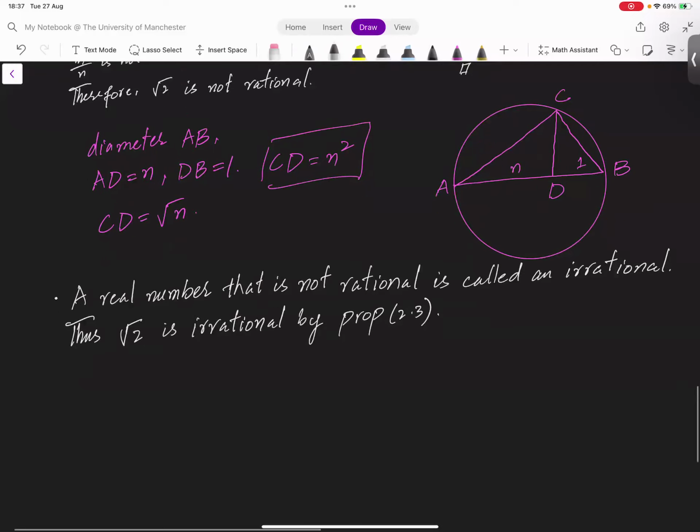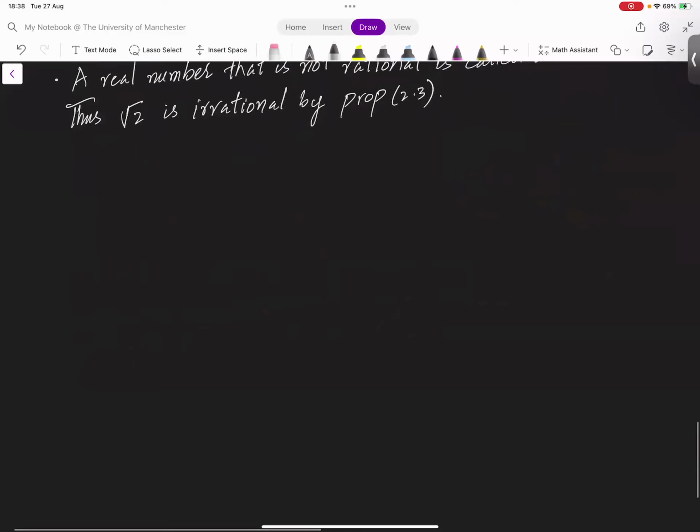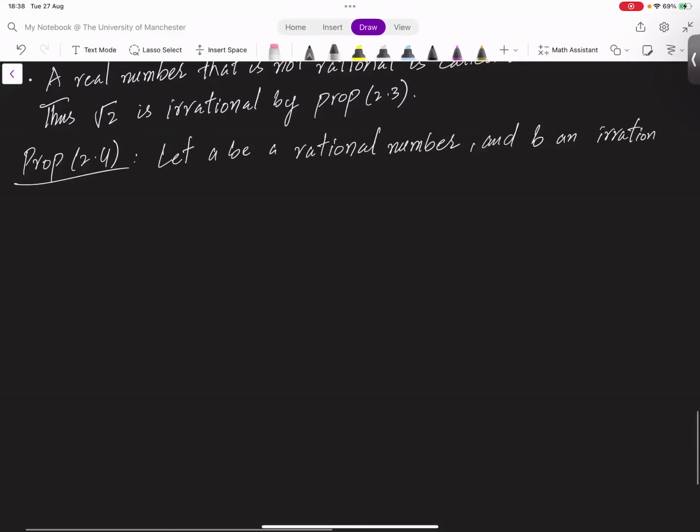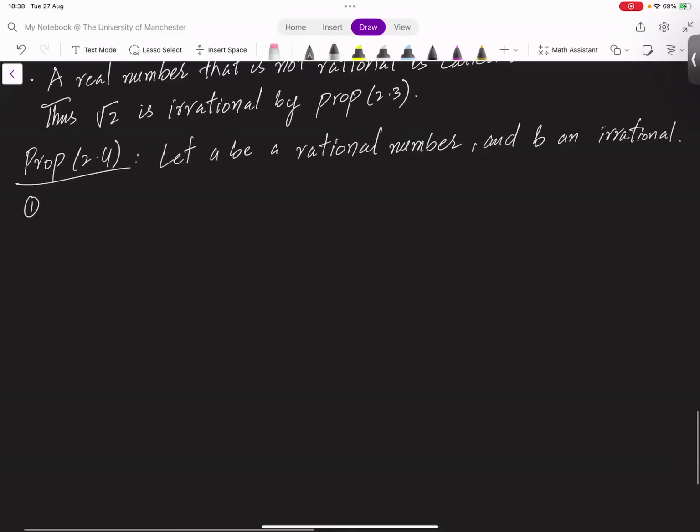So let's do that. Proposition 2.4 says: let a be a rational number and b an irrational. One, their sum is irrational.